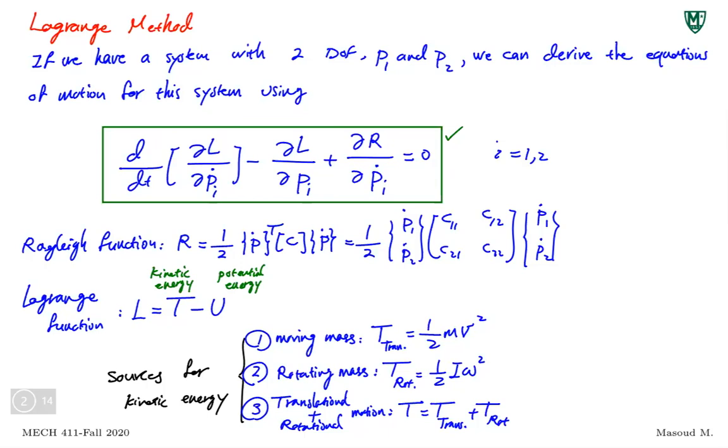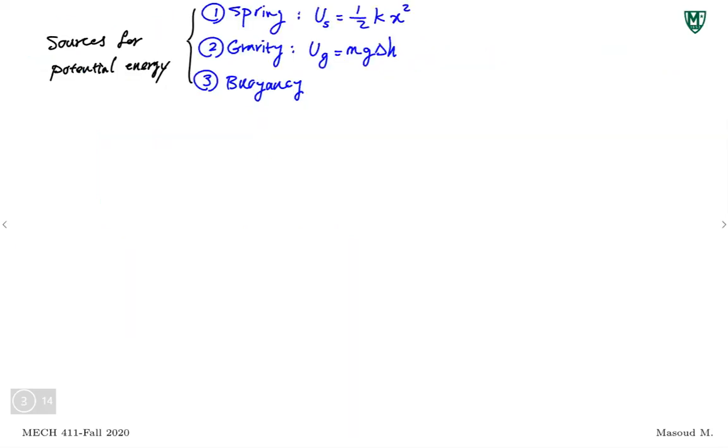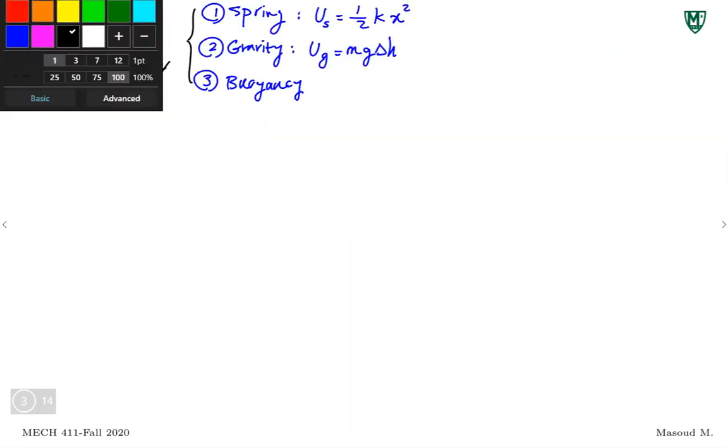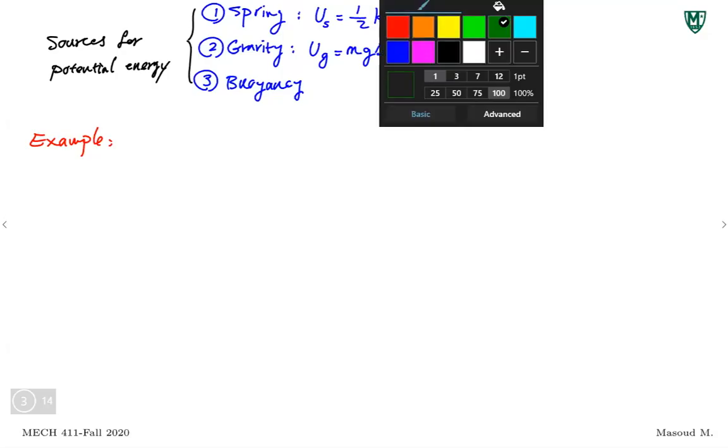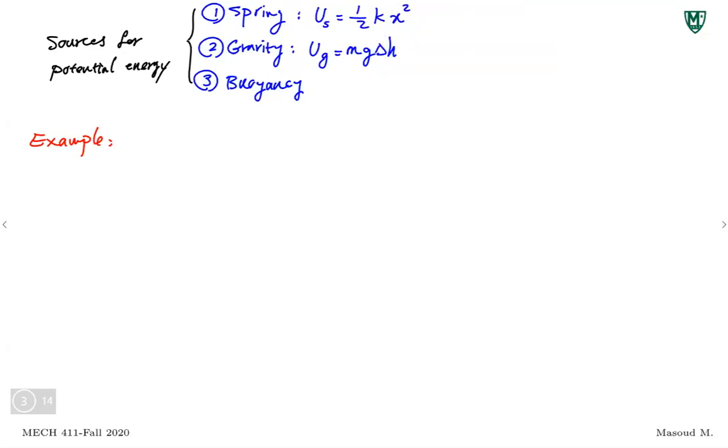Let's take a look at an example, to see how this process works. Let's start with an example for which we have derived the equation of motion before. That's basically how we started talking about systems with 2 degrees of freedom. Let's say we have 2 masses, M1 and M2.